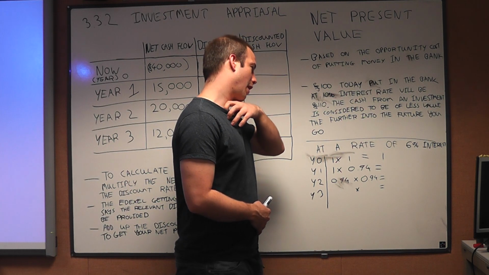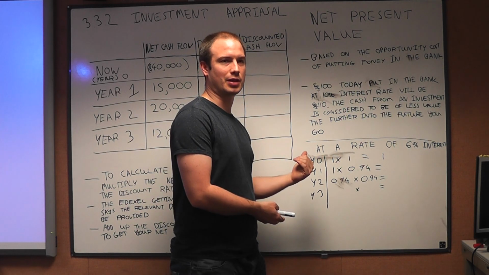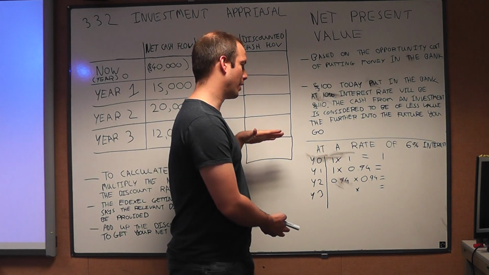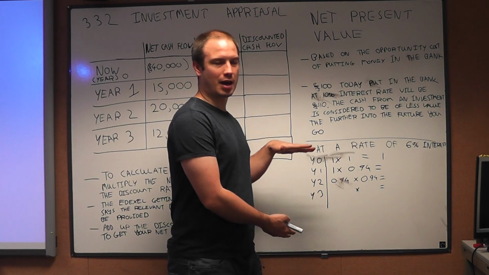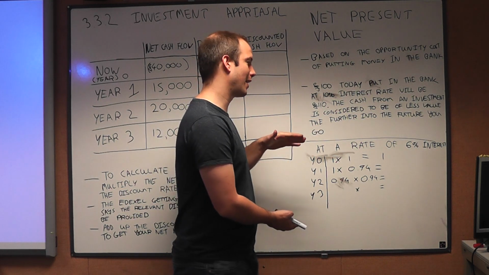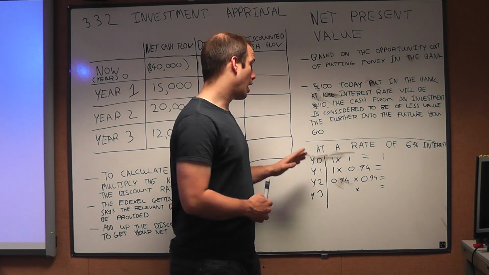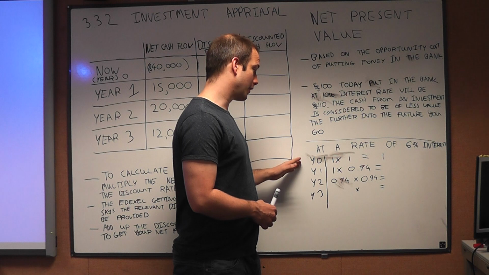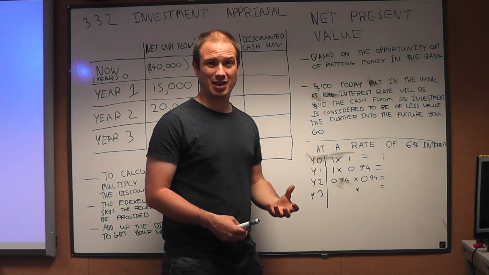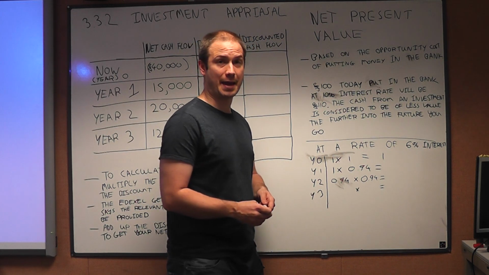So if you put £100 into an investment, you have to consider that over time the value of that money needs to grow at a rate of 6%. You would need that in order for it to retain its value. You would need a return of £106. So we're considering that the value of money is falling at a rate of 6% per year.